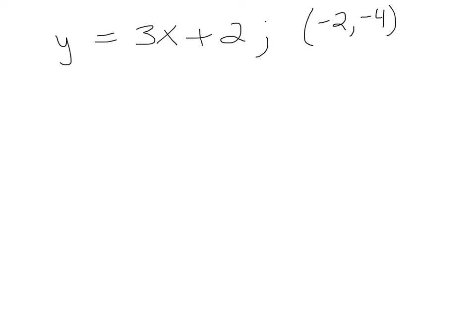Okay, so here's the same equation, y equals 3x plus 2. If we were wondering if this point is a solution, if we didn't know, and we were wondering, hey, does negative 2 for x and negative 4 for y work with this equation? Well, let's see. Let's take x as the input, put it into this equation, and see if the resulting y is negative 4.